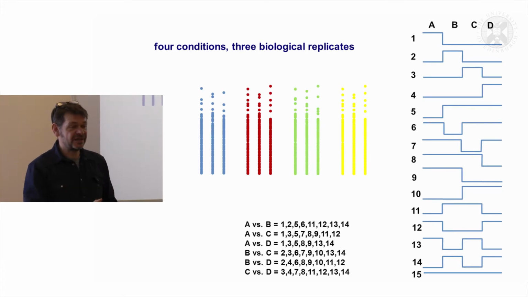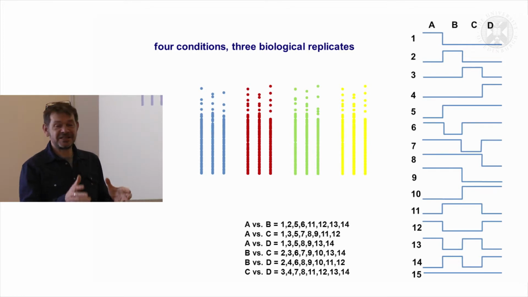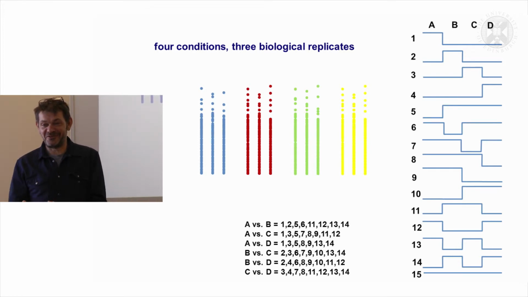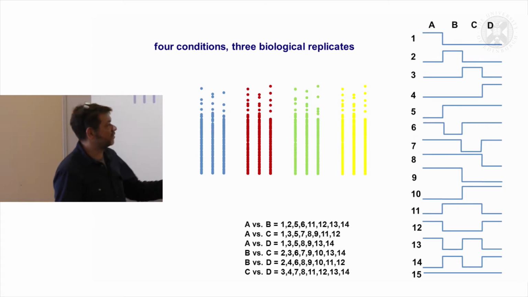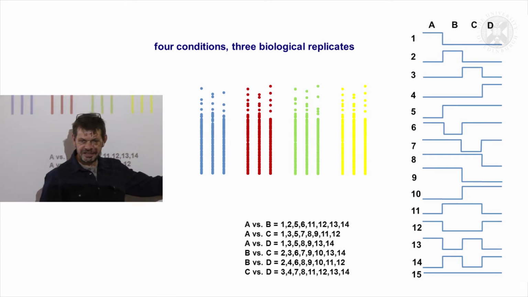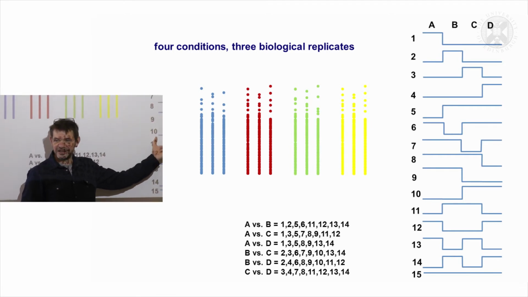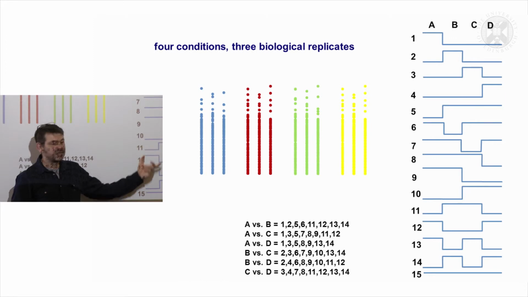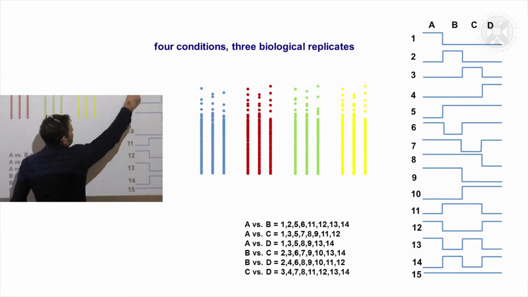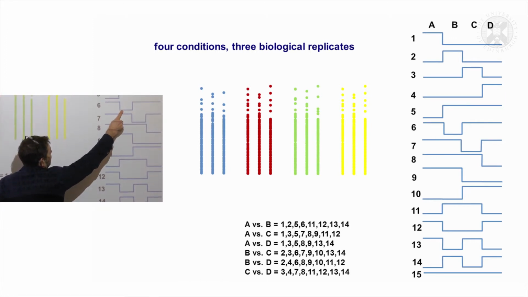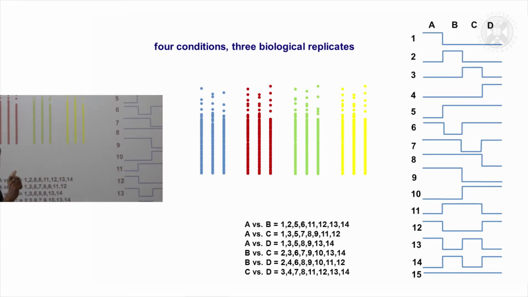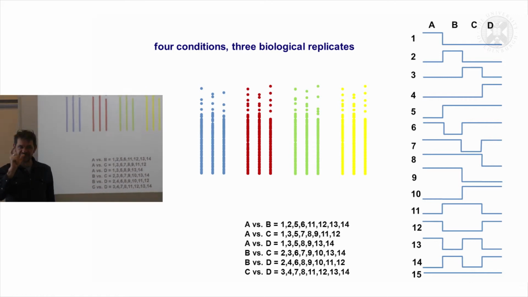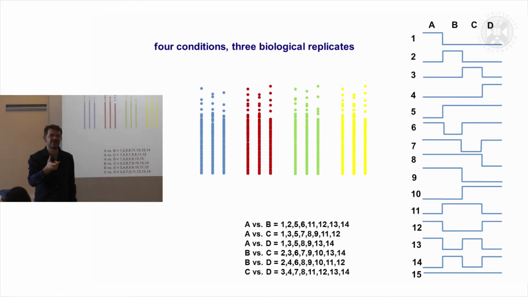What you end up getting is lists upon lists upon lists of things that have changed, because you've asked lots and lots of questions of it, because you kind of know the things you're looking for. But the other thing is that in any kind of pairwise statistical test, you're going to get the same things coming up more than once, because these guys relative to these guys are coming up, but they're also going to be coming up in this relationship as well. So what your statistical pairwise comparison doesn't give you is any resolution to this.